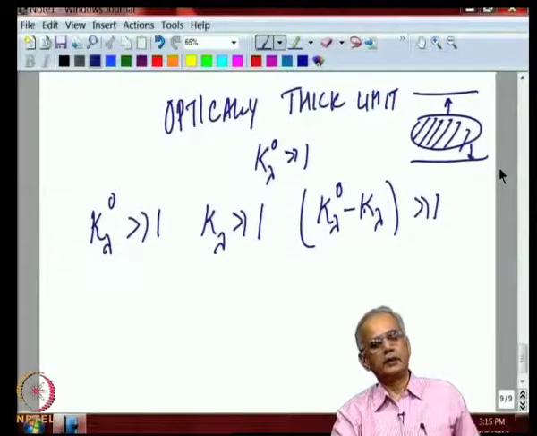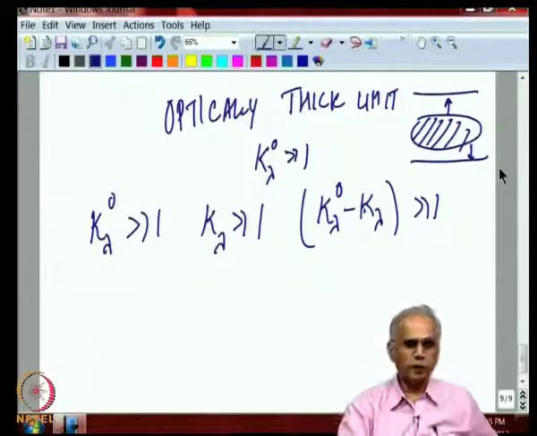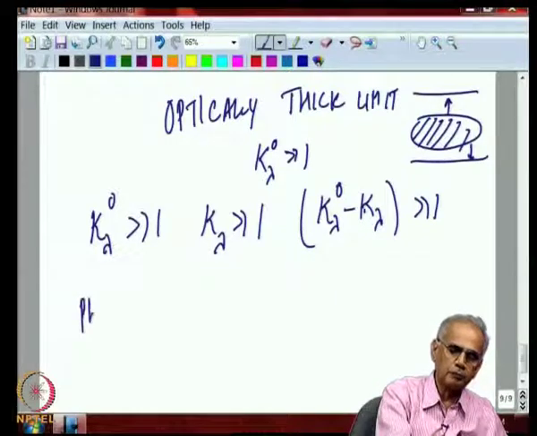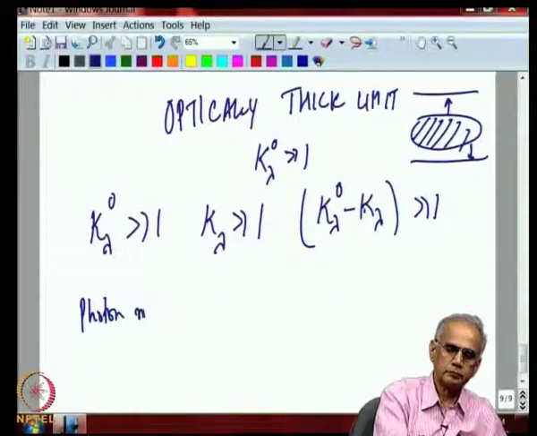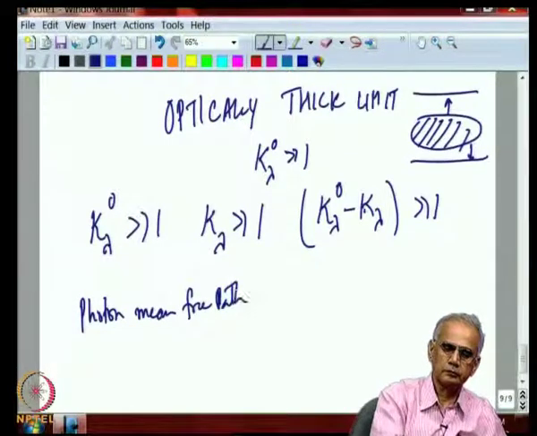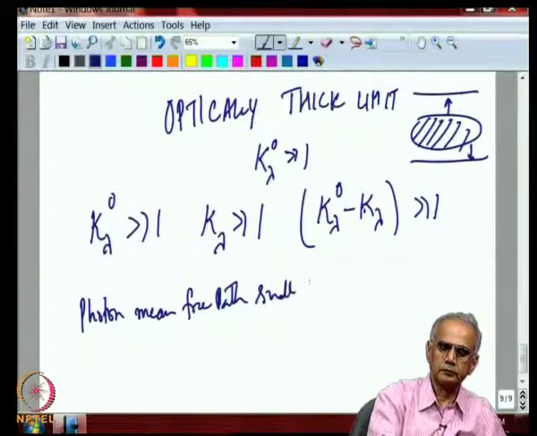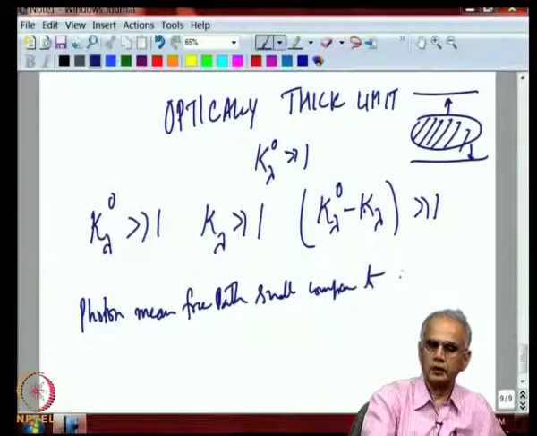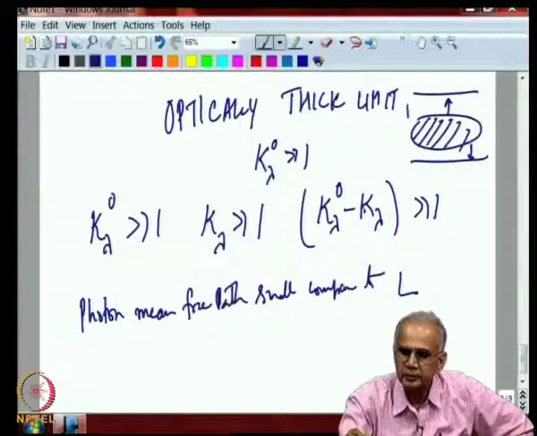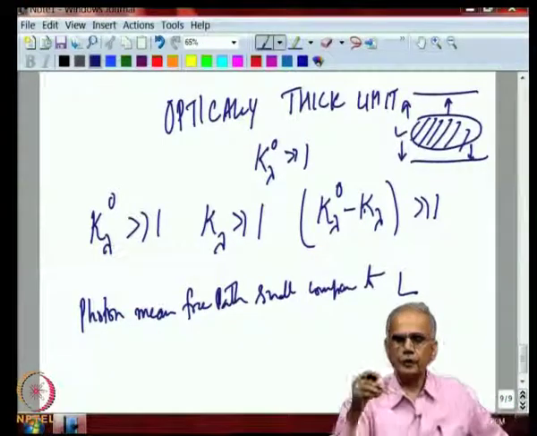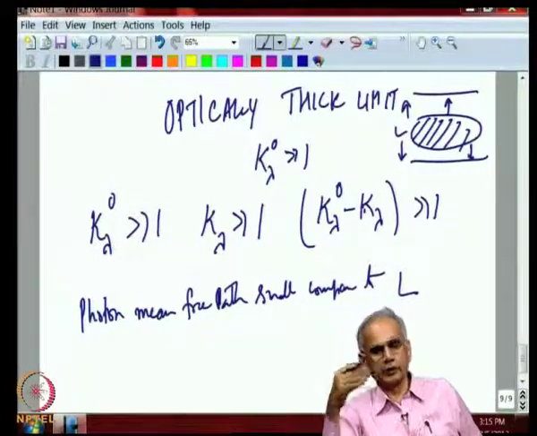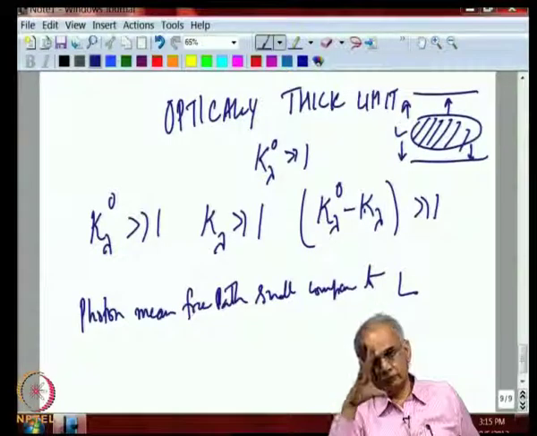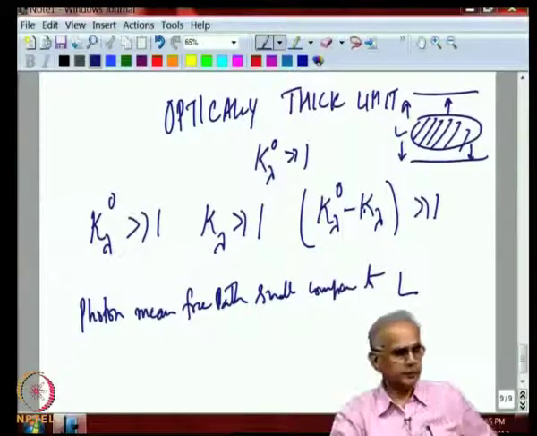Once you have done that, in the optical thick limit, remember the photon mean free path was very small compared to L, that is, the distance between the plates. So, photons are getting absorbed very quickly over a very short distance compared to the distance between the plates.